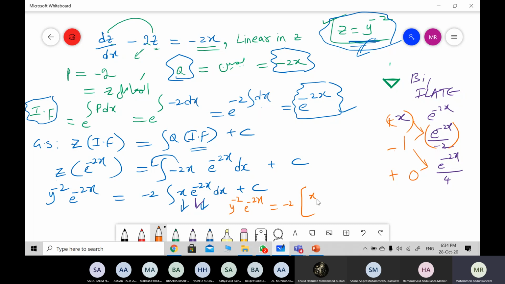X times e power minus 2x, multiply this. Minus 2x. Multiply this, everywhere 0, plus C. But this is almost the final answer. Understand? Any questions, please?